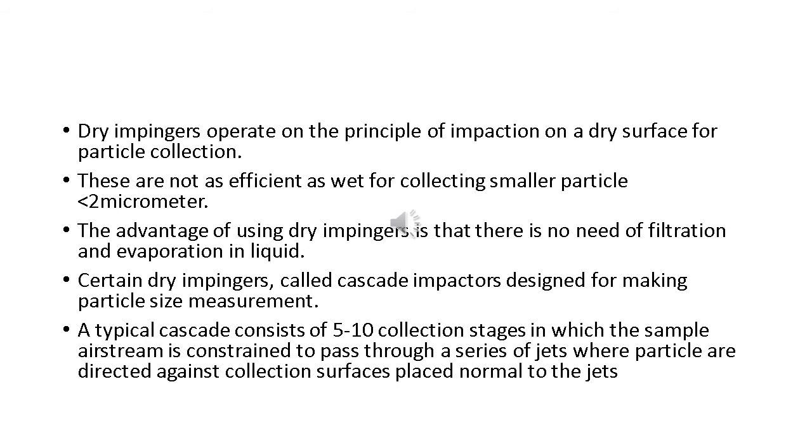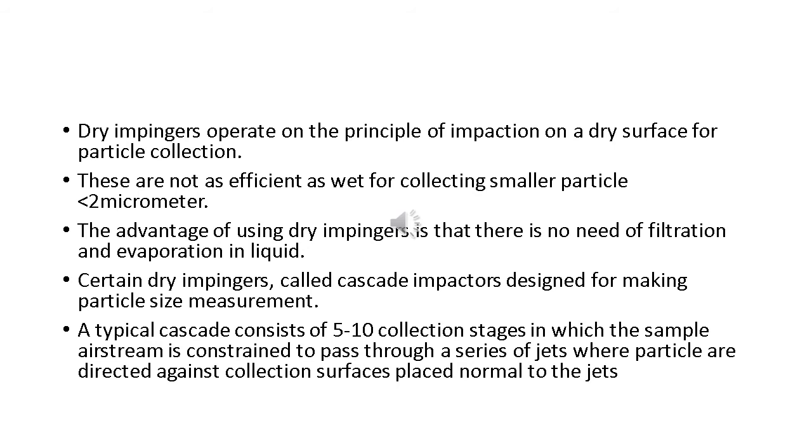The smaller particles, having lower momentum, are collected in later stages, where the jet velocities become progressively higher. In most Cascade impactors, a filter is placed after the last stage to collect any fine particles that might have passed through the impactor. In the next slide you can see a schematic diagram of a Cascade impactor.